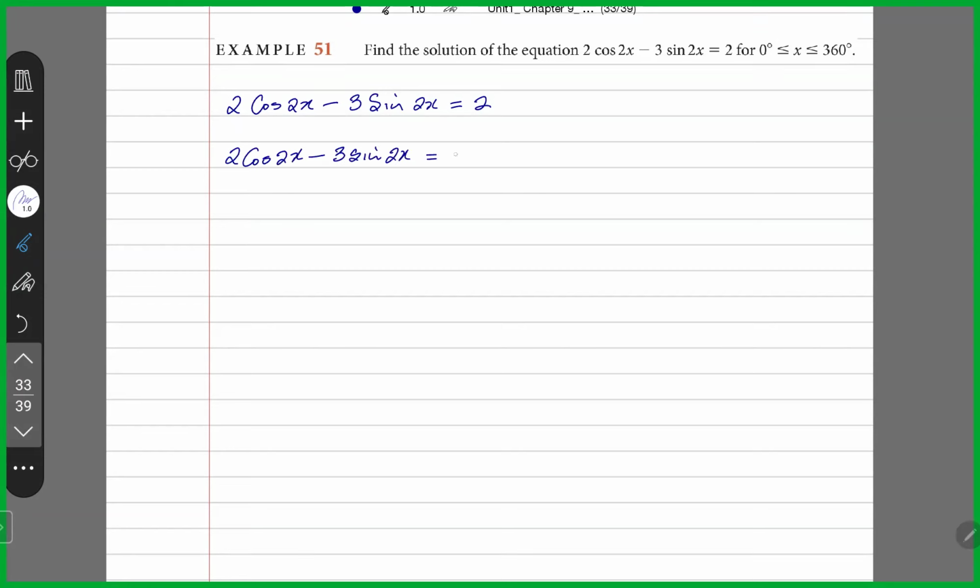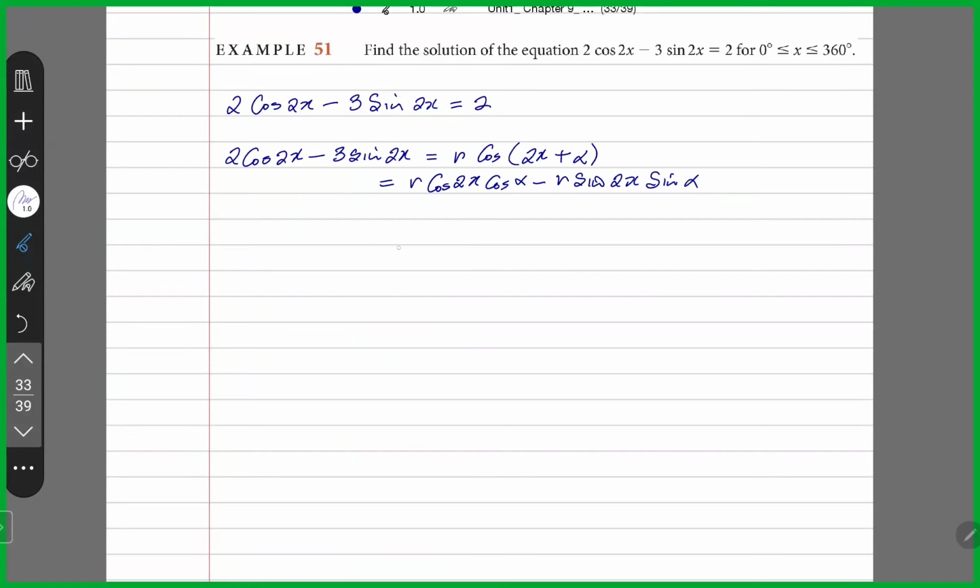If we expand, we're going to get r cos 2x cos alpha minus r sine 2x sine alpha.